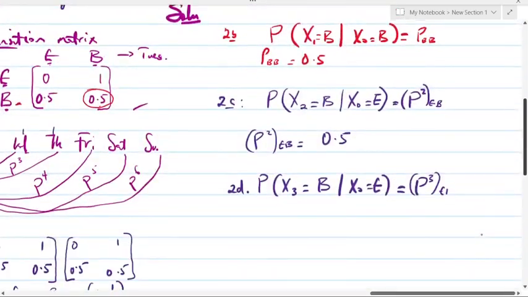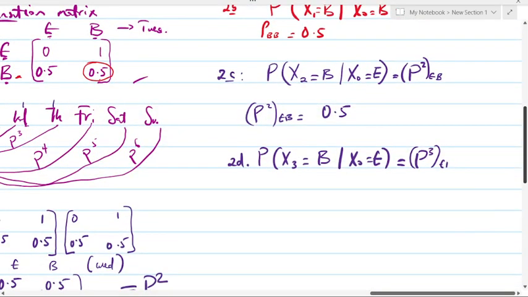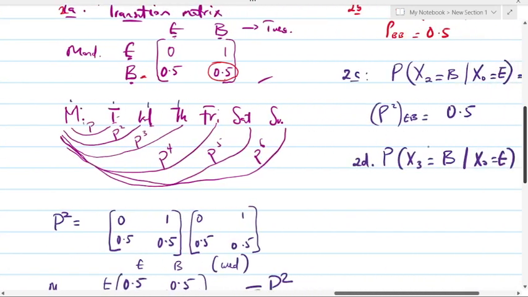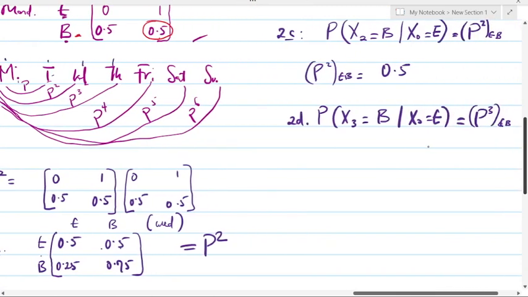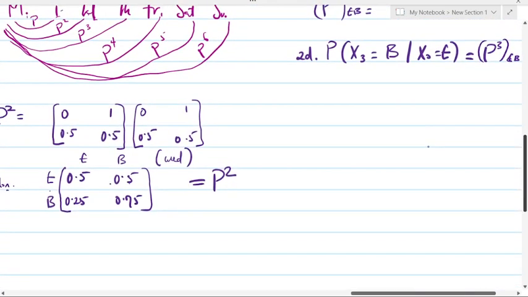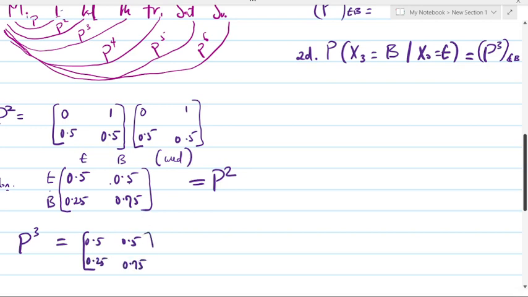For that we need our P cubed. We need to take our transition matrix and multiply it over 3. We already have our P squared to be 0.5, 0.5, 0.25, 0.75. So just multiply with the transition matrix P, 0, 1, 0.5, 0.5. Then with that we have our result.